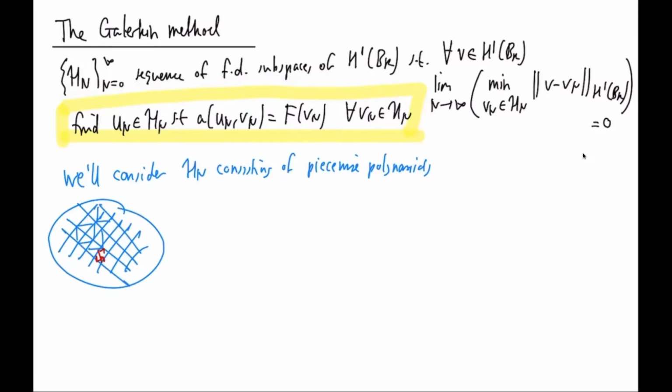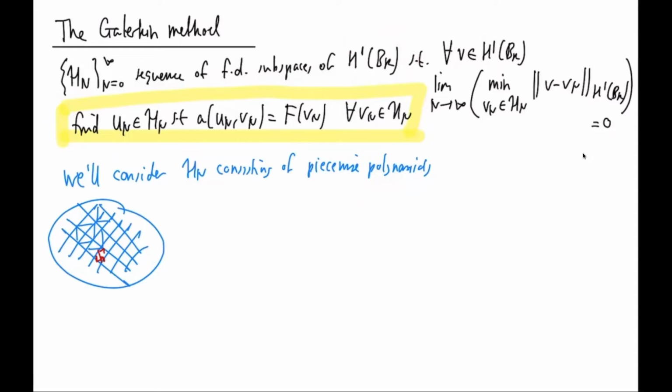On each little piece, my subspace is going to consist of polynomials. So my subspace Hn consists of functions that are globally in H1, so they're continuous, but on each little piece are a polynomial.